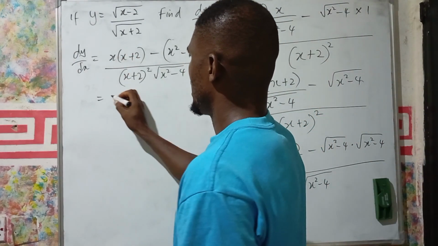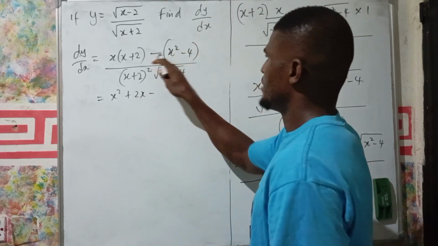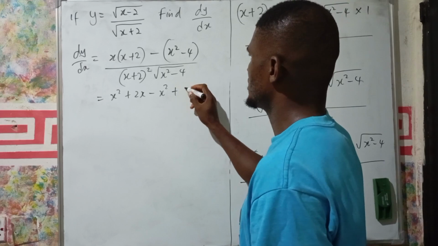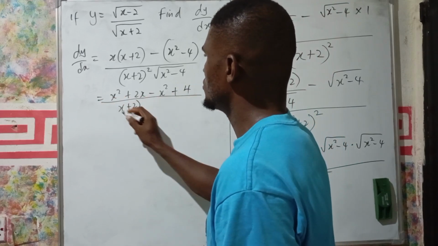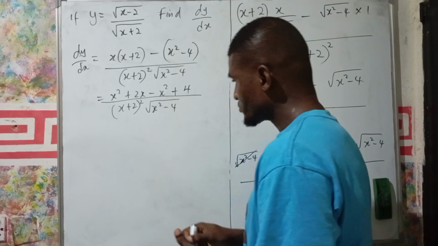X to x, we have x squared, x to 2, we have 2x. Minus sign to x squared becomes minus x squared. Minus minus becomes plus 4, over x plus 2 all squared, root of x squared minus 4.